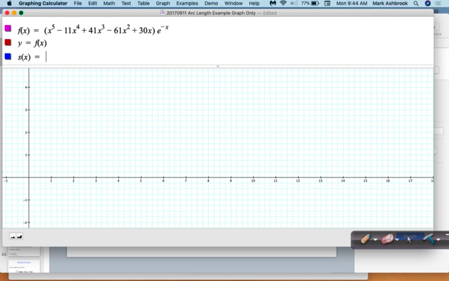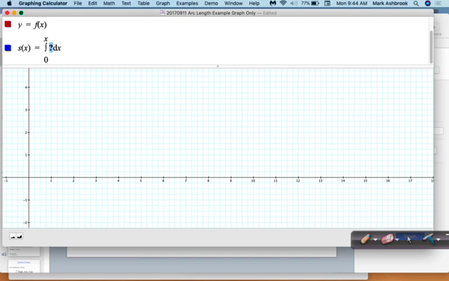So the arc length function itself would be the integral from 0 to x of the square root of 1 plus rf of t squared. If I defined the rate function on a different line in the graphing calculator, then I could just use function notation here for the rate. But let's just put the rate function in explicitly here.